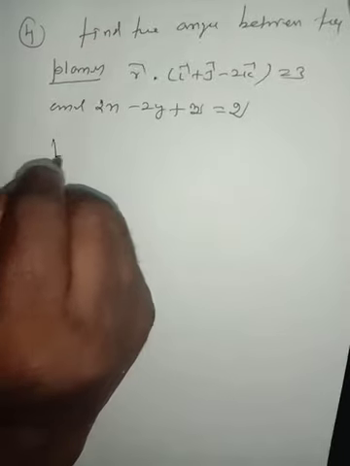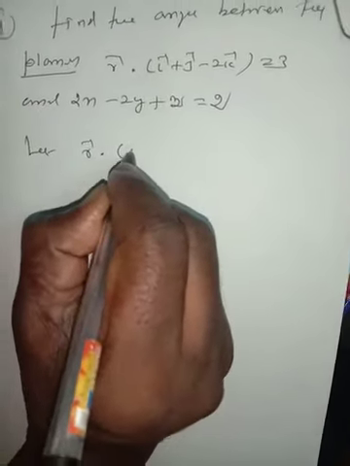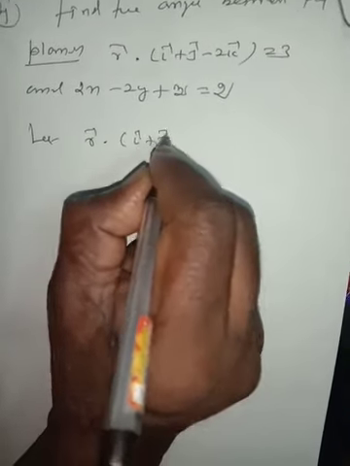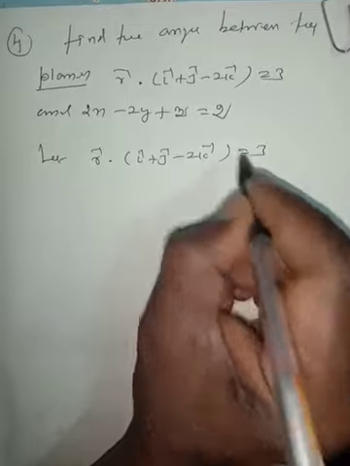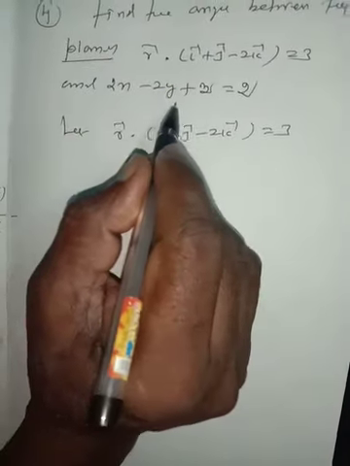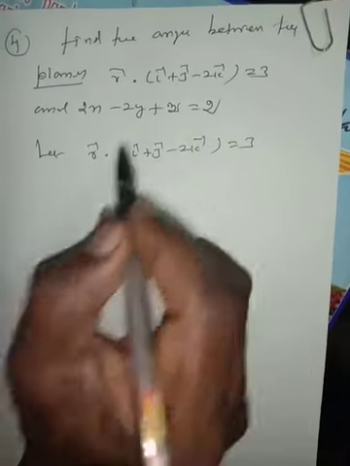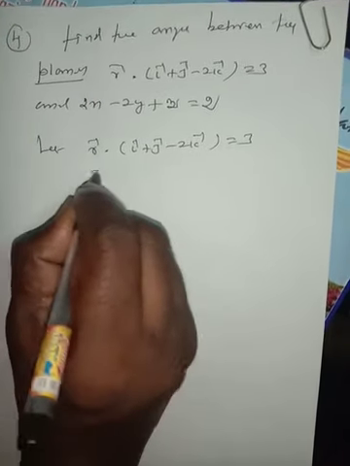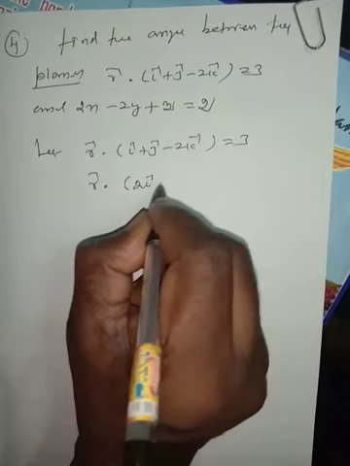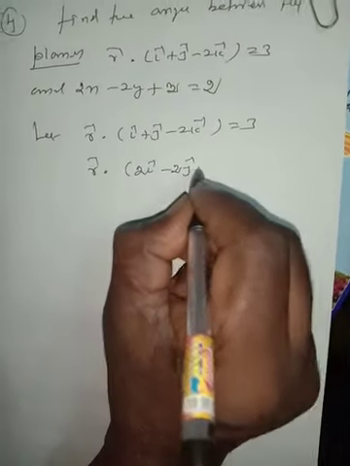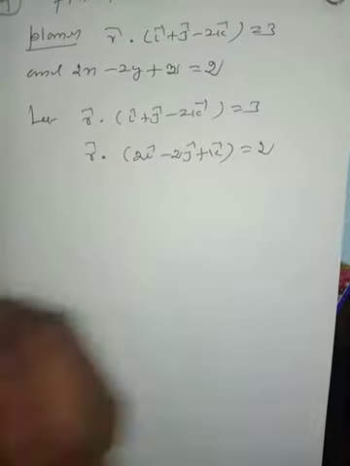Let the first plane be r vector dot i vector plus j vector minus 2k vector is equal to 3. The second plane can be written in the form of r vector dot n vector is equal to d. Then r vector dot 2i vector minus 2j vector plus k vector is equal to 2.